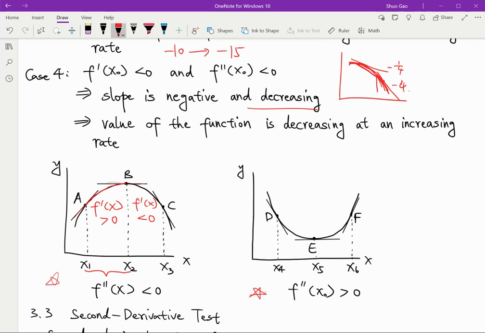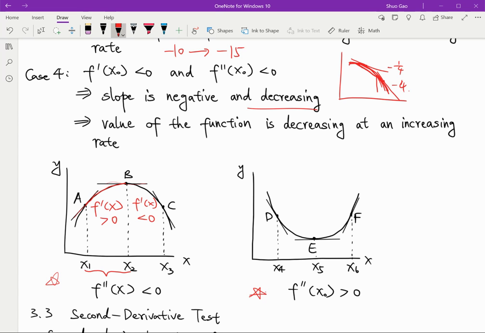So the slope increases from a negative number to 0. And then from E to F, the slope of the function increases from 0 to a very large positive number. So from D to E to F along this curve, the slope is becoming larger and larger.